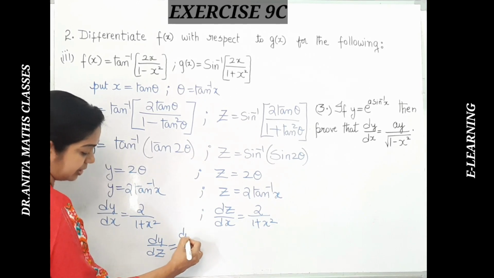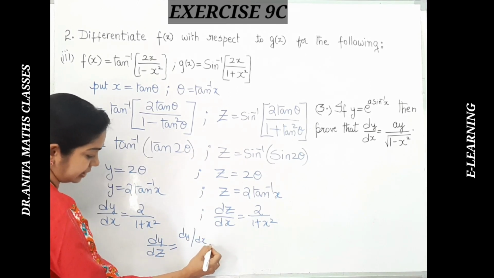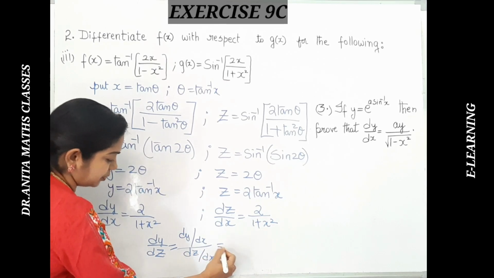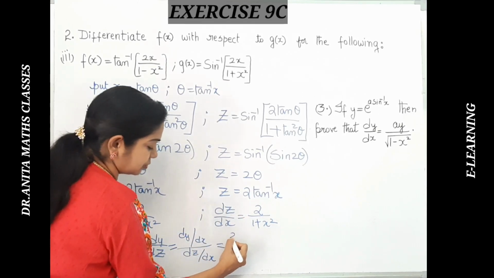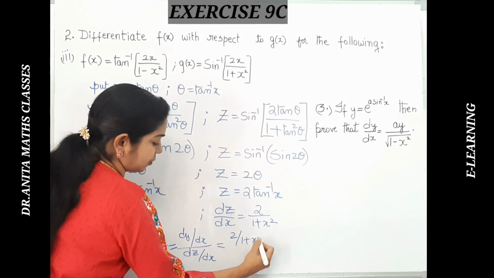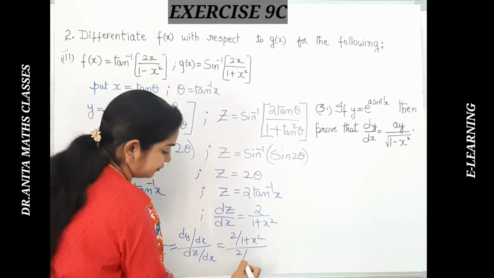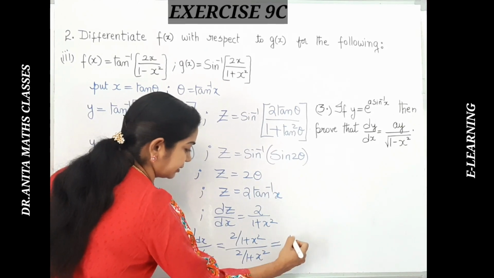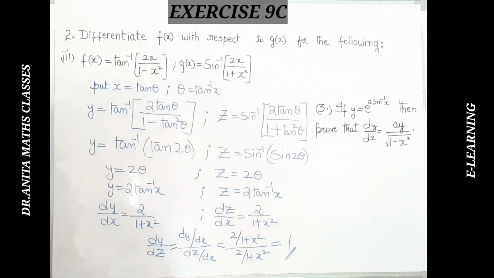That is nothing but dy by dx upon dz by dx. Both the functions are similar, so we can cancel off the numerator and the denominator. So we get 1 finally. This is the similar problem to the first bit problem, right?